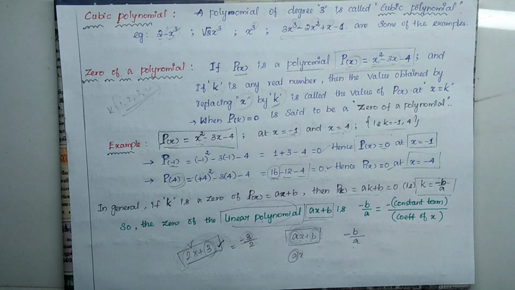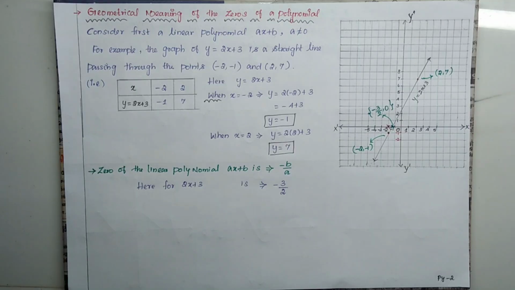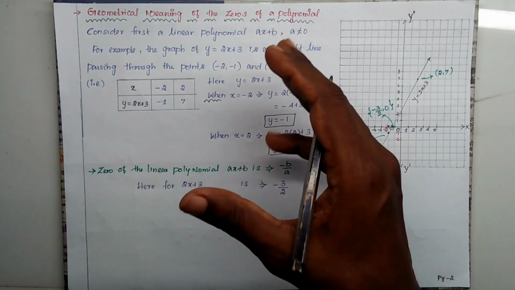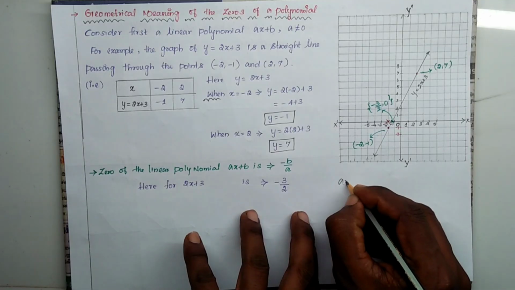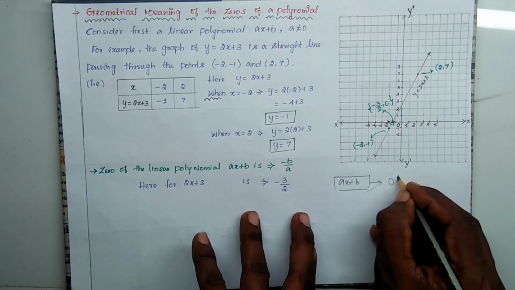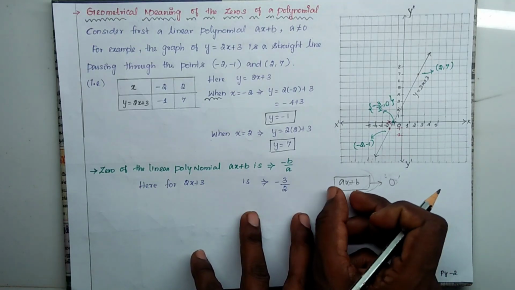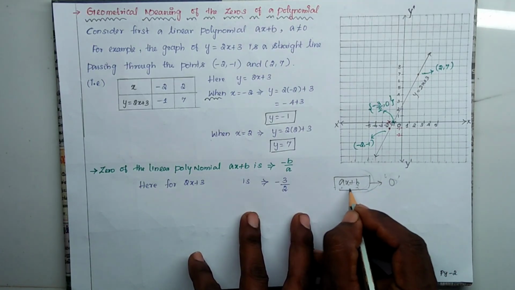This proof we are going to see in an example with a graph. This is the geometrical meaning of zeros of a polynomial. We have seen the linear equation is in the form of ax plus b, right? To find the zero of this linear equation, we have an equation of the type ax plus b.